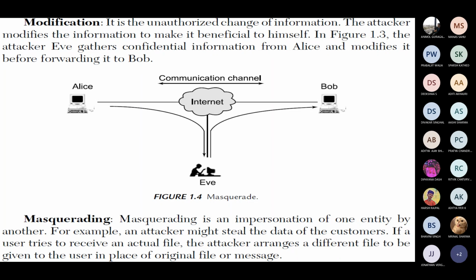In modification, Eve is sending the modified message to Bob, whereas here in masquerade, Alice is sending one piece of information to Eve, and without performing modification to that particular message, Eve is sending another information to Bob, which is different from the information that Alice has sent to Eve. That is what is called masquerade. So this is also a threat to integrity.